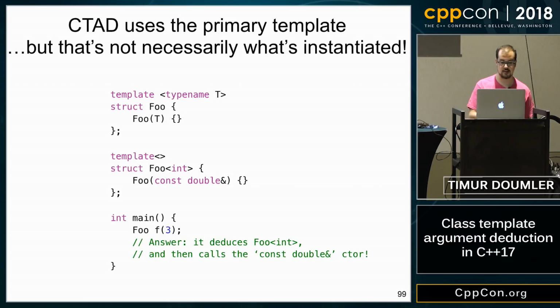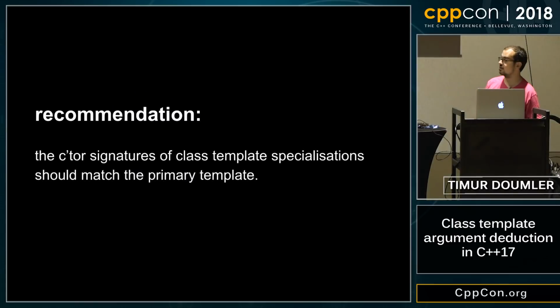Foo int has a constructor that takes a double, so the int is going to get converted into the double. That's a trap that you can fall into if you have constructor signatures that don't match the primary template. So the recommendation would be don't do that. There might be use cases where you might want something like that, but I'm not aware of any. If anyone knows use cases where this would be a bad recommendation, please tell me.